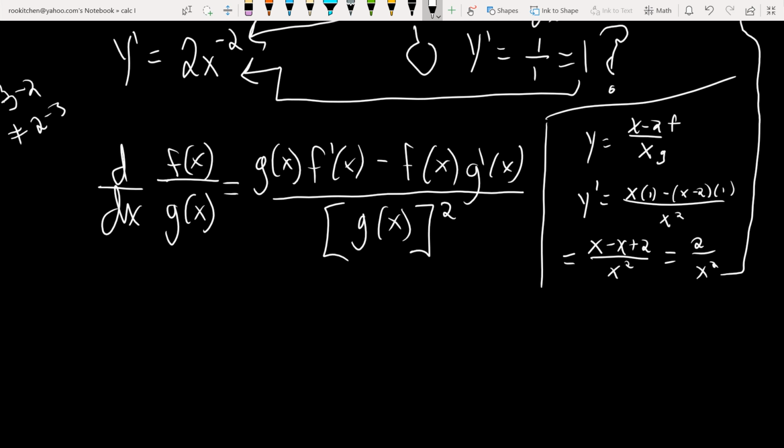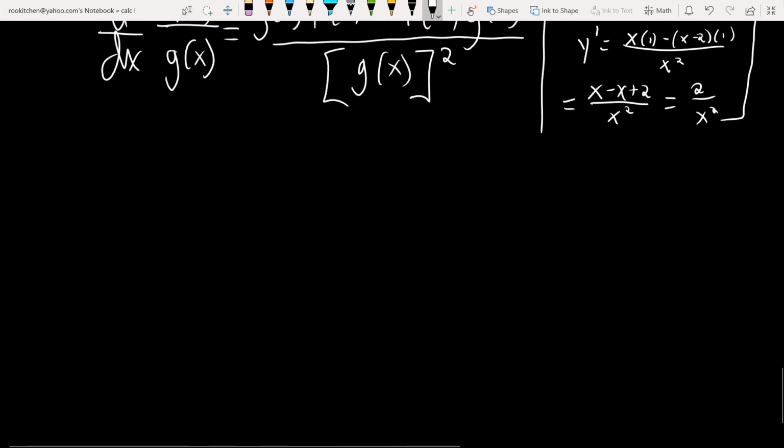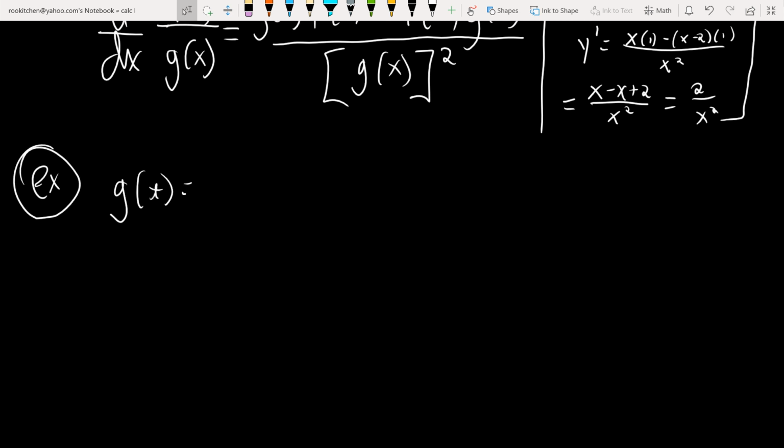Okay, so let's take a look at one or two of these and see what's going on. Okay, so examples in order. G of t equals 3t squared minus 1 all over 2t plus 5.